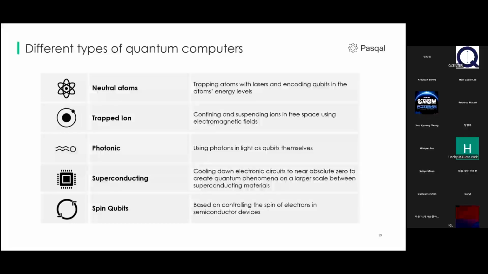This is unlike classical or conventional computers that are all based on transistors, all based on the presence or absence of electric signals. For quantum computers, you can choose many different types of quantum mechanical entities, so different particles, to build your computational device. So here I've listed, I would say, the 5 main types of technologies that are currently dominating.